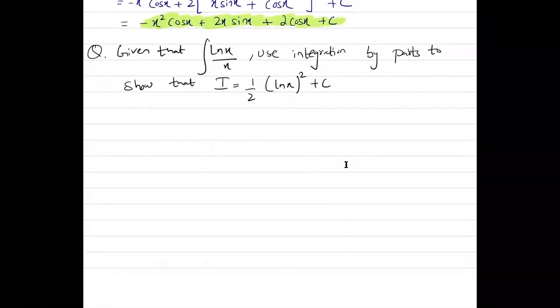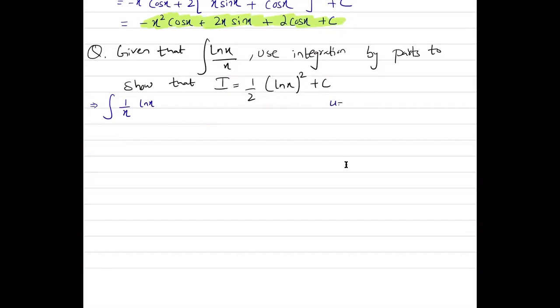Given that I is integration of ln x upon x dx, use integration by parts to show that I is equal to 1 upon 2 ln x square plus c. So again, I'll have to use integration by parts. The function given to me is 1 upon x times ln x.